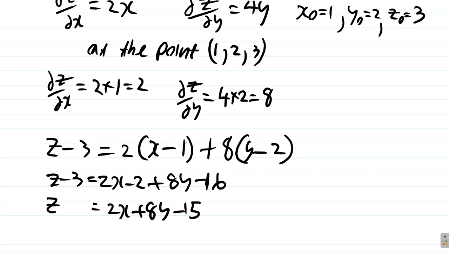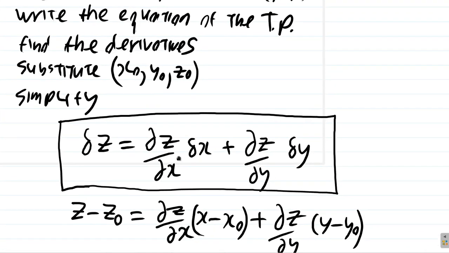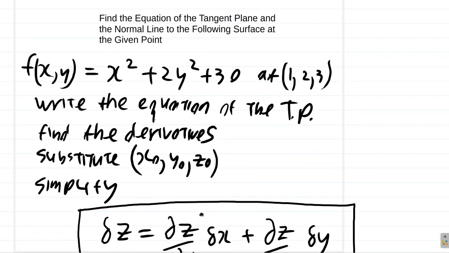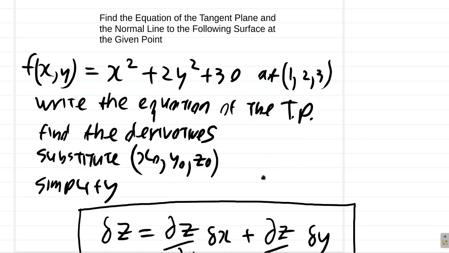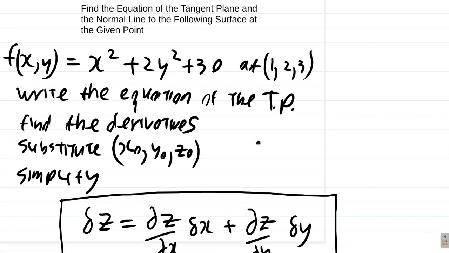Alright, so this is where we were in our last video, right? We said we would work out the normal line equations in a separate video, but we already worked out the equation of the tangent plane to this surface.